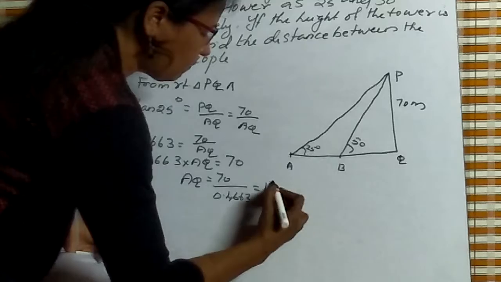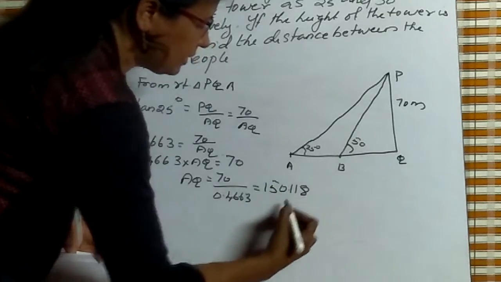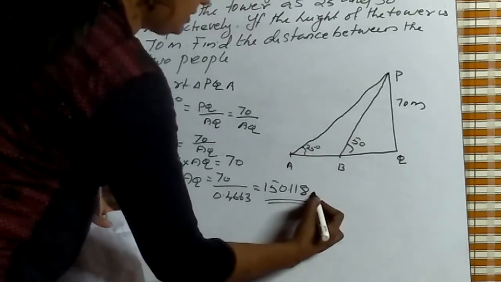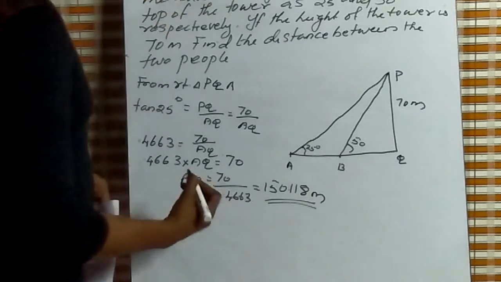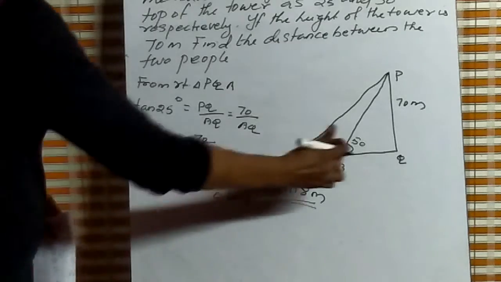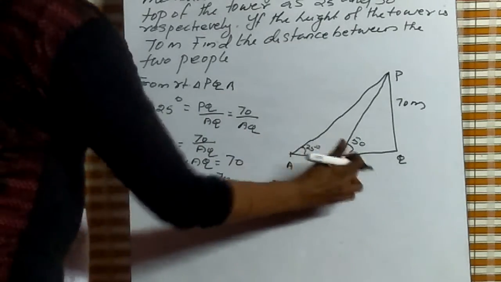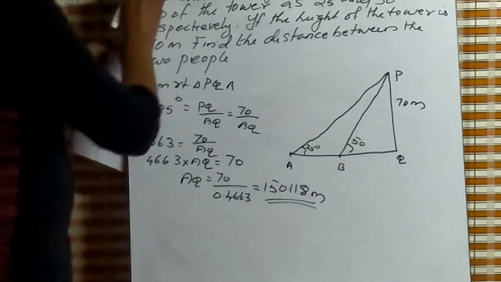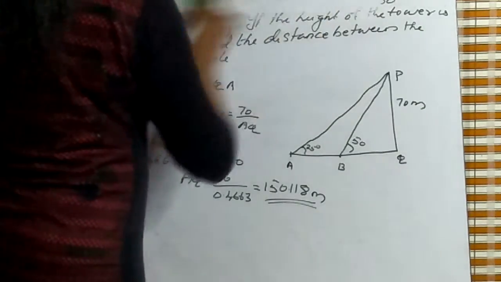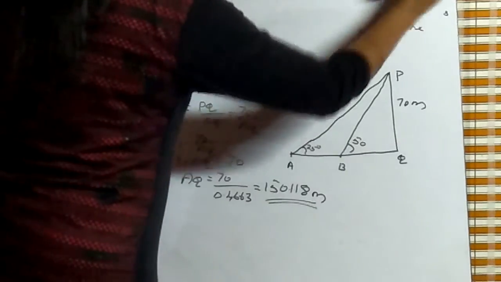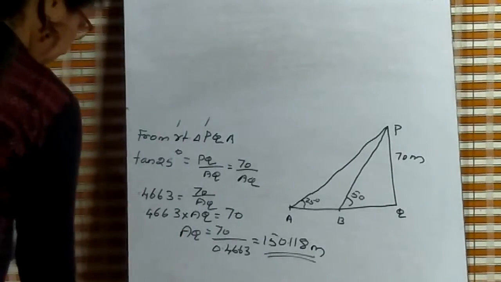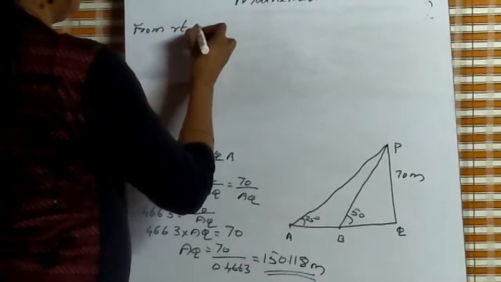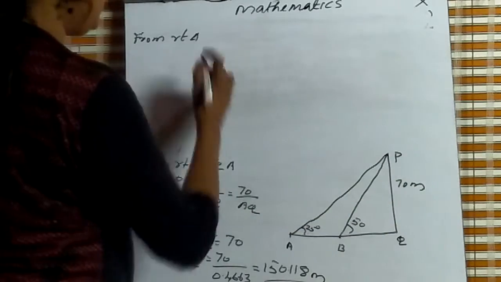We get 150.118 meter is AQ. Then we have to find tan 50 from right triangle PQB.